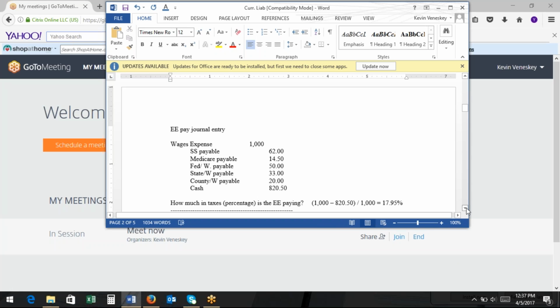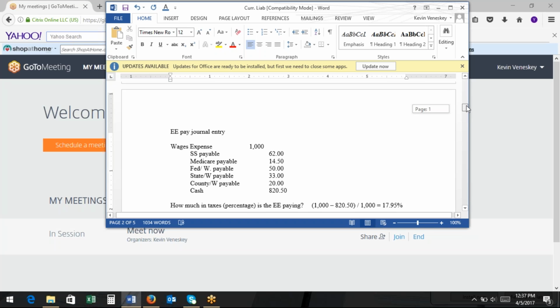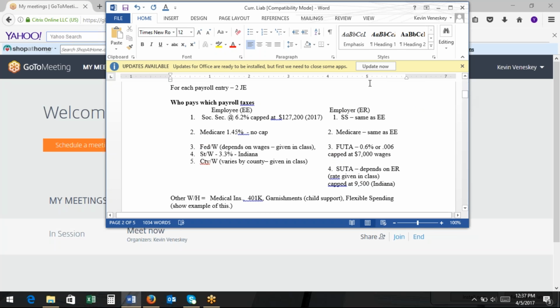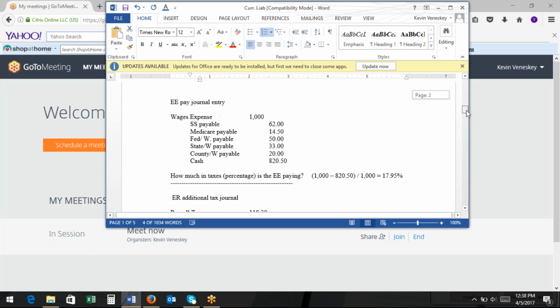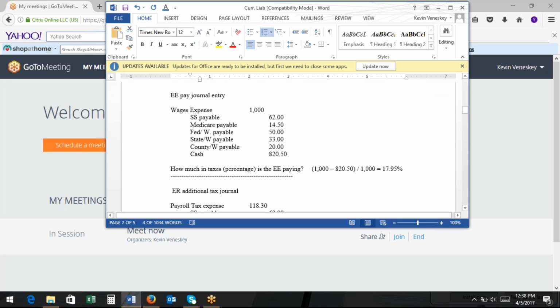Now we're down to the second part of this journal entry. This took care of the $1,000 that the employee earned. But if we go back up here, that's not all that the employer had to pay. The employer also has to put into those tax funds these 4 taxes. So if we would put these monies away, the first thing that we're going to debit is our payroll tax expense.